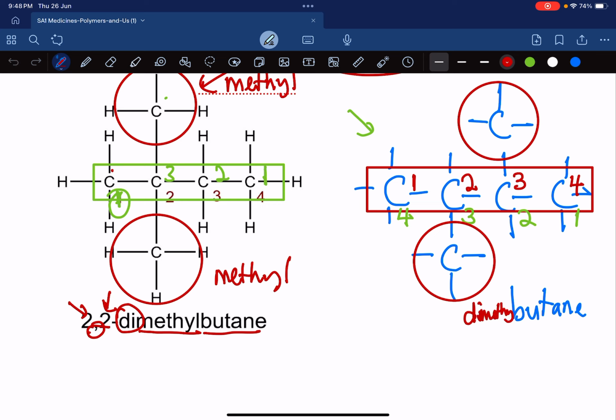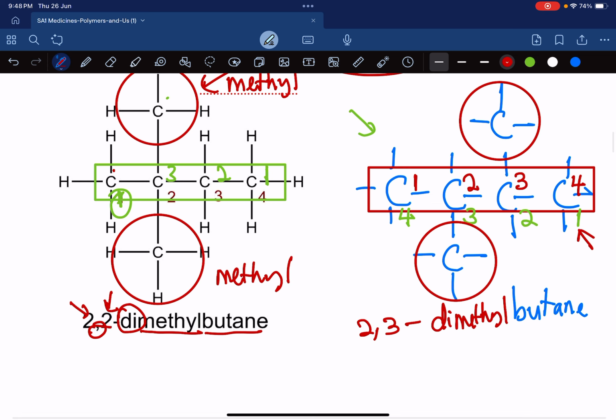Oops, I missed that. I should have given some space. Dimethyl. And the first carbon is at position number 2. Second carbon is at position number 3, hyphen. So whichever way you want to do it, you want to follow the green, or you want to follow the red, it does not matter. The answer will be the same. 2,3-dimethylbutane. Okay, so that will be the name.